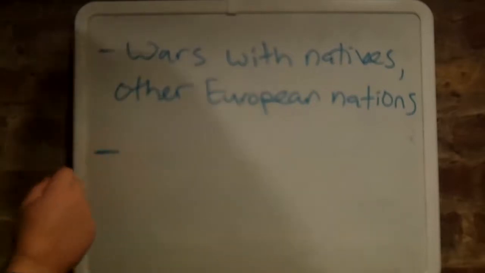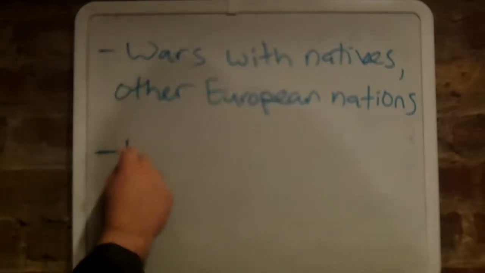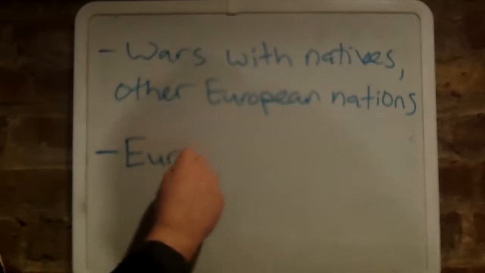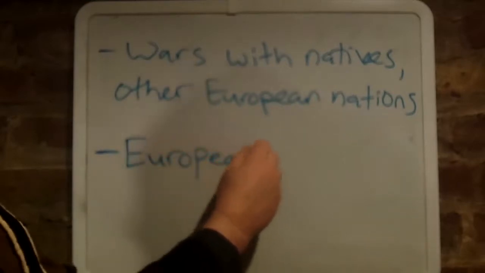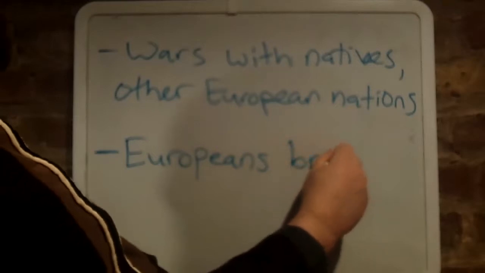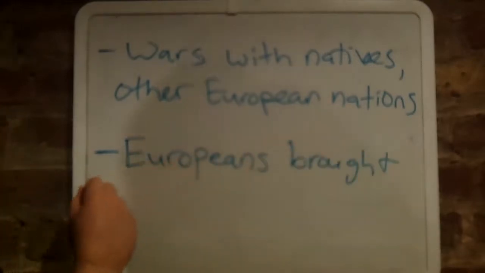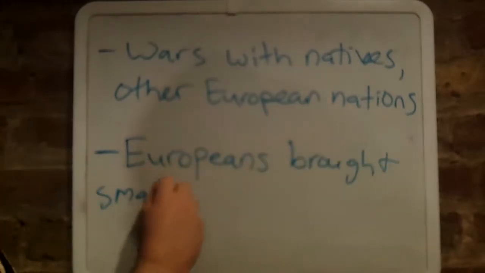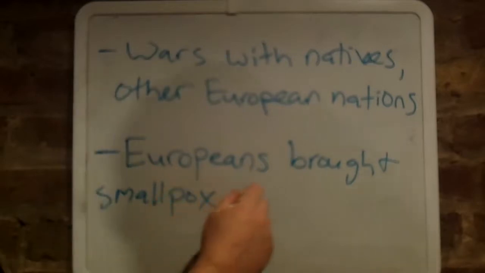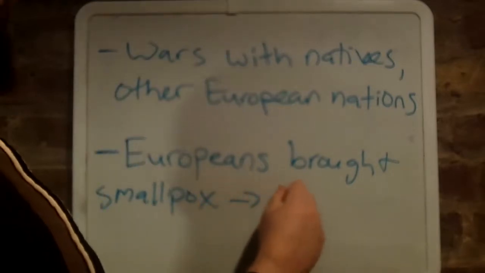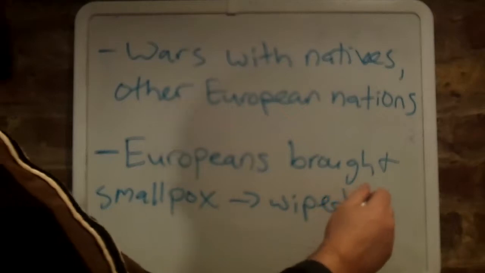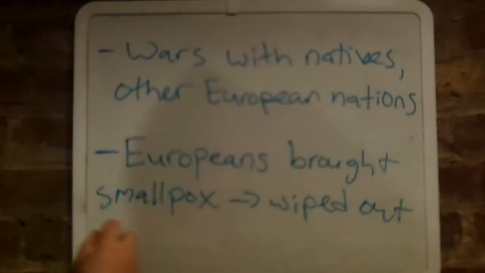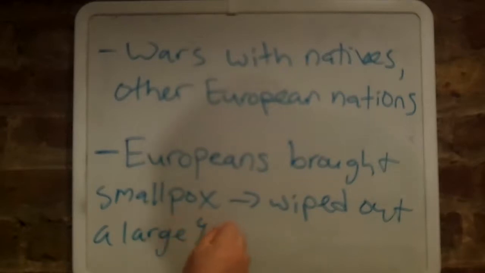Another thing I should note is the Europeans brought smallpox with them when they came to the New World. And that disease of smallpox wiped out a large percentage of the natives.